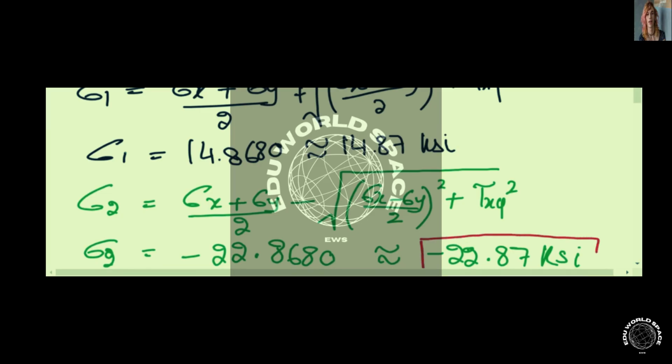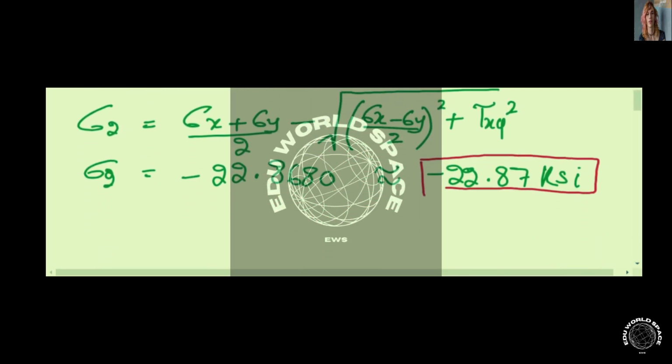Now we have the value of both principal stresses. As you can see, they have different signs: one is positive and the other is negative. So now we would be using equation 10.27. Sigma sub y is equal to the absolute value of the difference of sigma sub 1 and sigma sub 2.